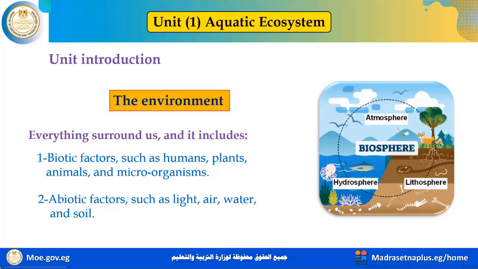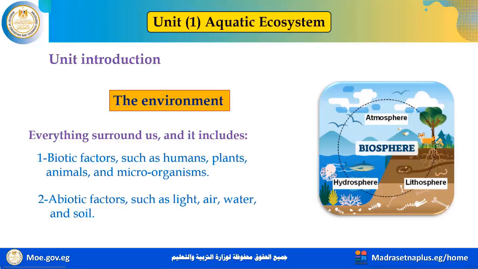So, I want you here to differentiate between two things, biotic and abiotic. Biotic here refers to the living things, and abiotic here refers to non-living things. I want you to look at the picture on the right side of your laptop. You will find different creatures and different features on the earth.